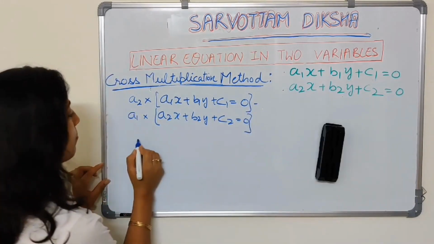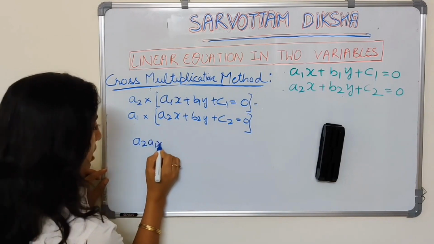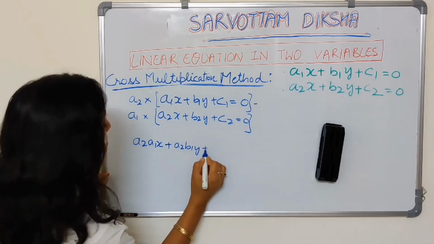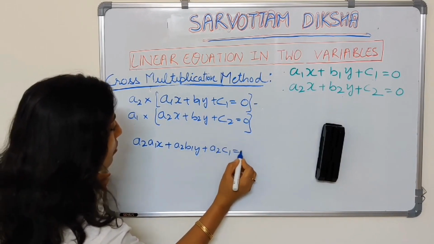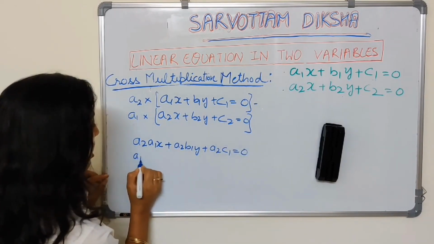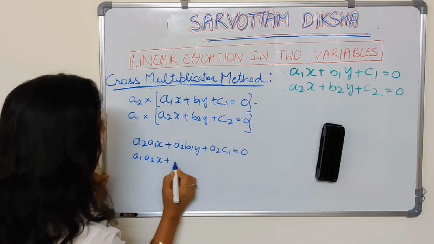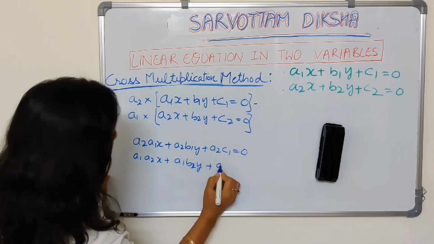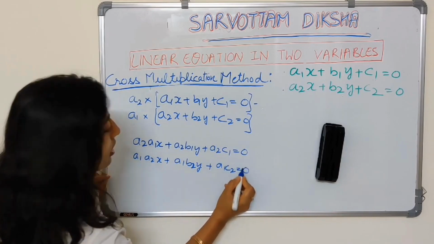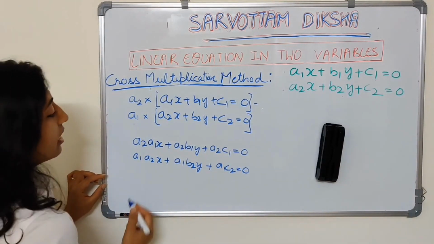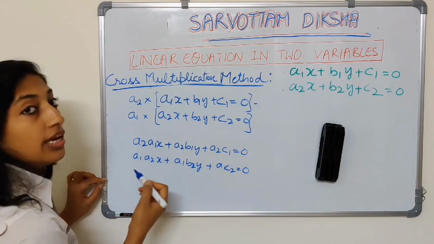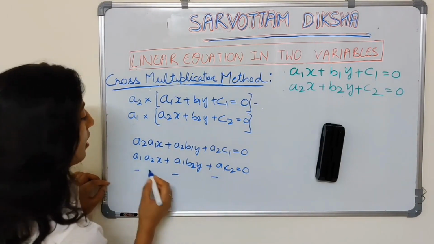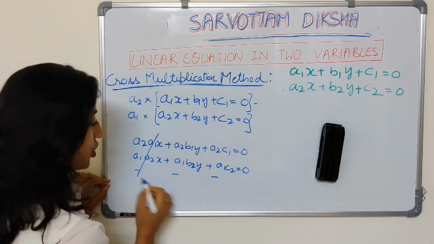I will get a2a1x + a2b1y + a2c1 = 0, and a1a2x + a1b1y... rather a1b2y + a1c2 = 0. When I subtract, now my coefficients of x are equal, so x will get eliminated while doing subtraction.